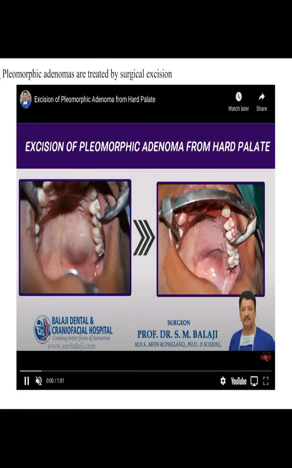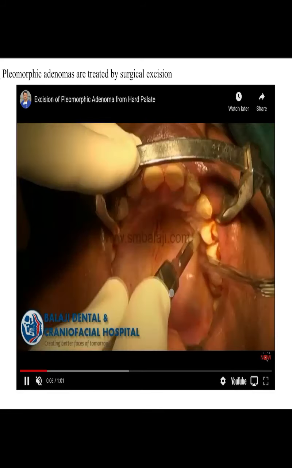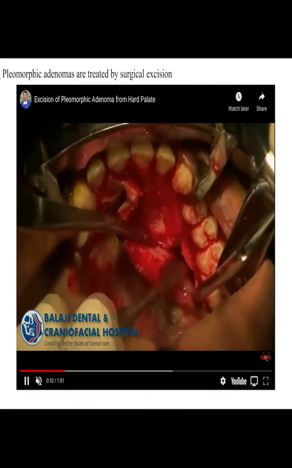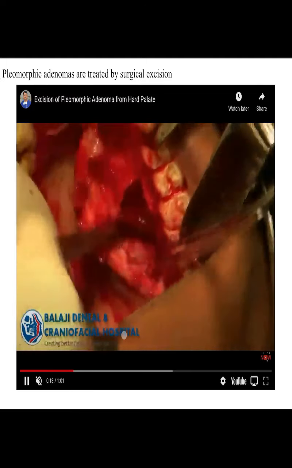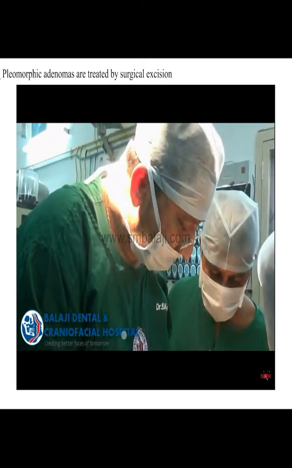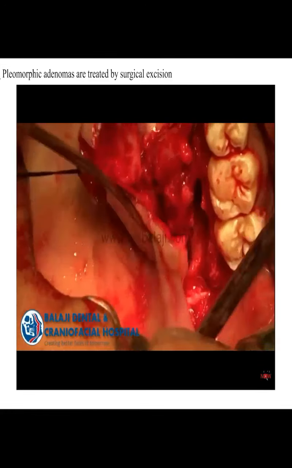Pleomorphic adenoma can be treated by surgical excision. This is before and after the surgical incision. It's done under GA anesthesia. The surgeon reflects the mucosa. Now the tumor is removed.